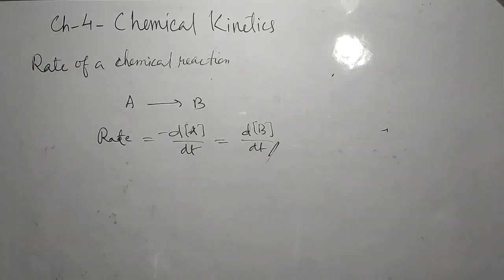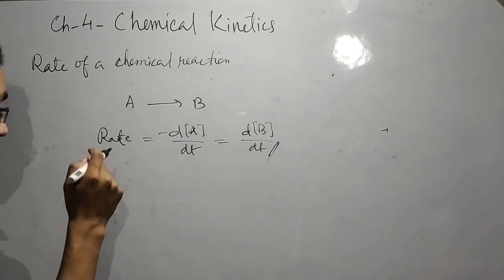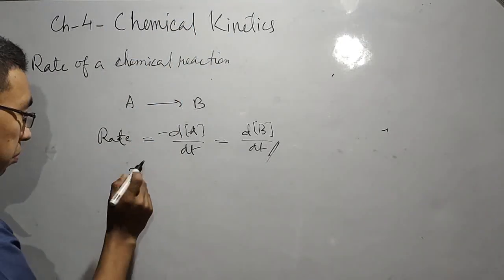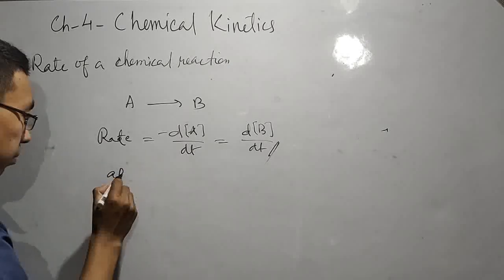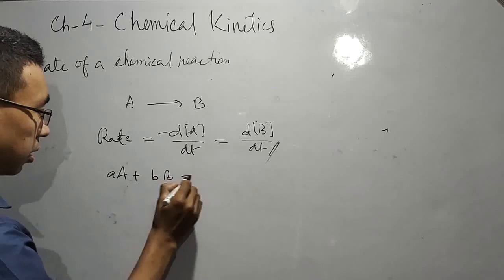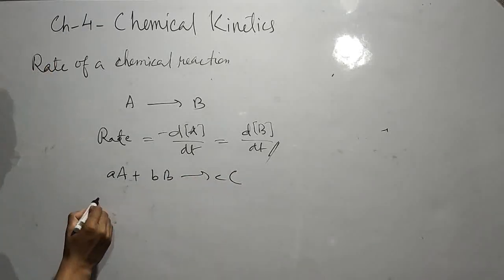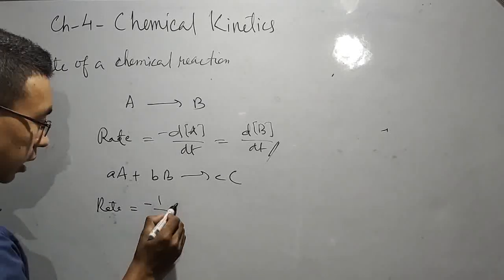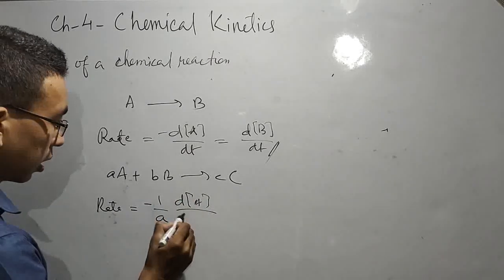Then if it is of different stoichiometric coefficients, suppose the reaction is aA plus bB gives C, then the rate will be equal to minus 1 by a del A by del T.